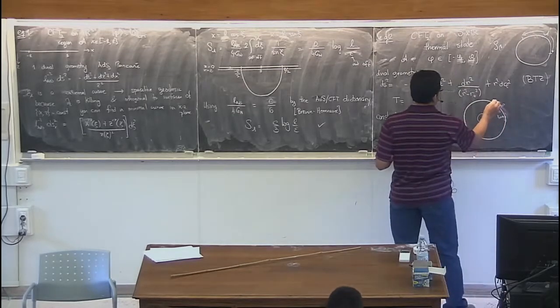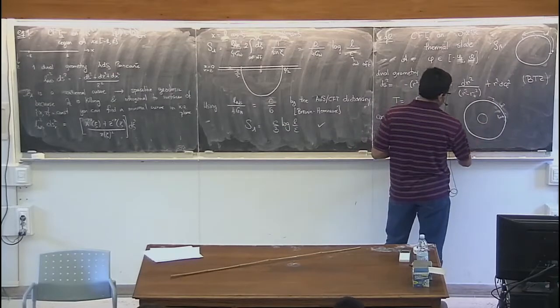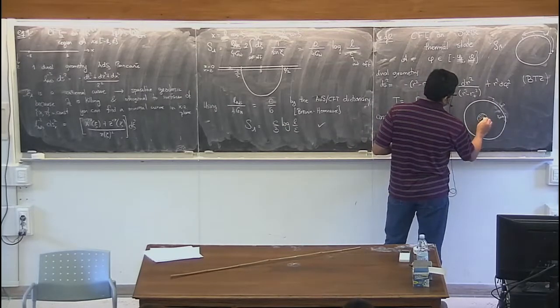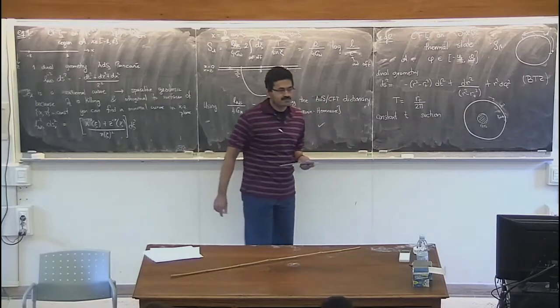Phi is the coordinate that parameterizes the angle, and there's a horizon at r equals r plus. And the interior of the black hole is the inside region.